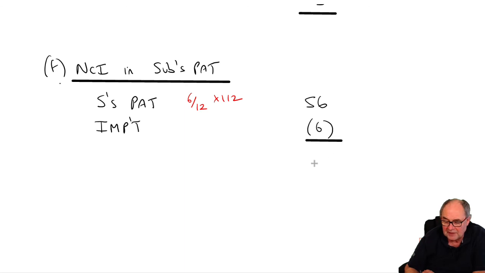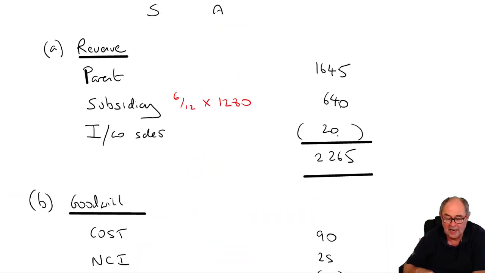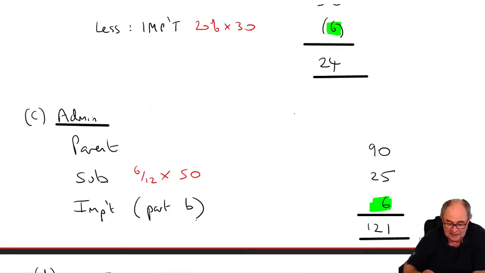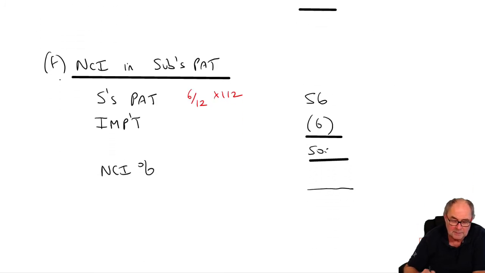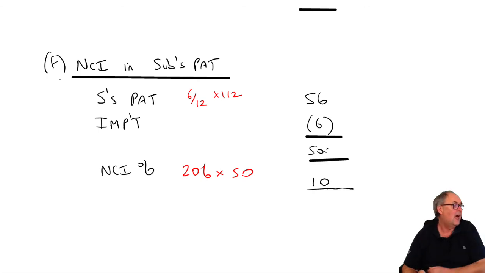I'm keeping everything in 100% terms, so that would give me 50. Then I can take the NCI share. The NCI share back in the group structure was, I think, 20%. So 20% of 50. Good. 10. And there's the NCI in S's profit after tax.